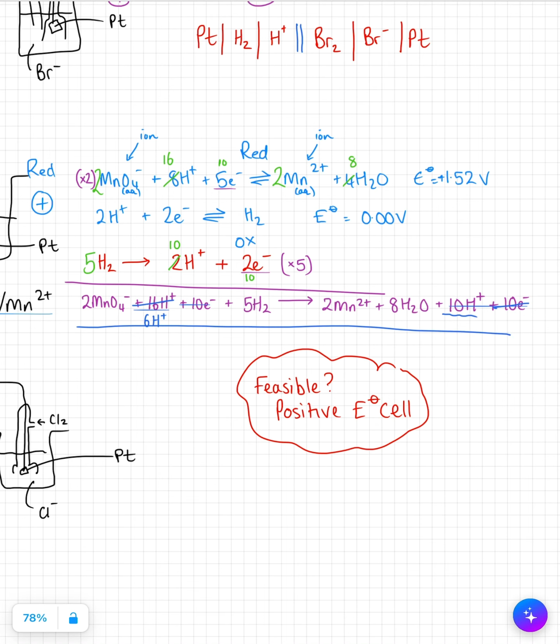This leaves our overall reaction to be 2MnO4- plus 6H+ plus 5H2 gives 2Mn2+ and 8H2O.